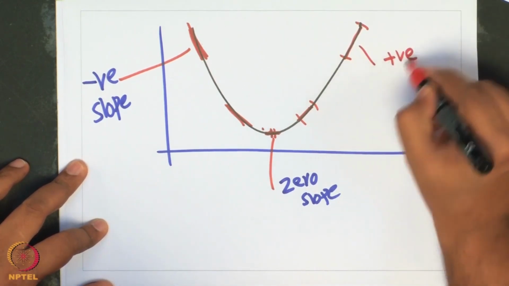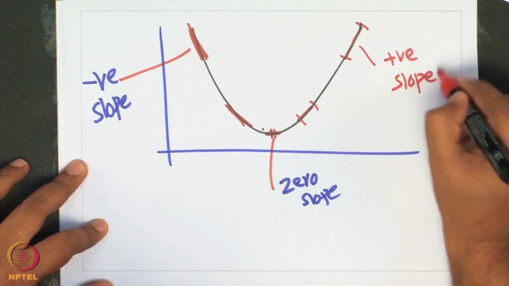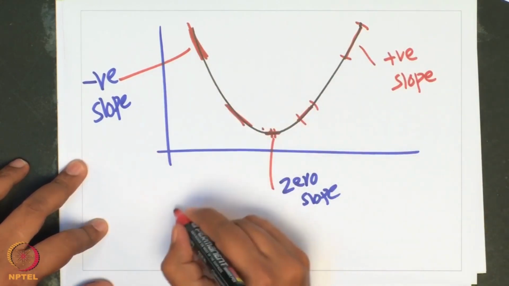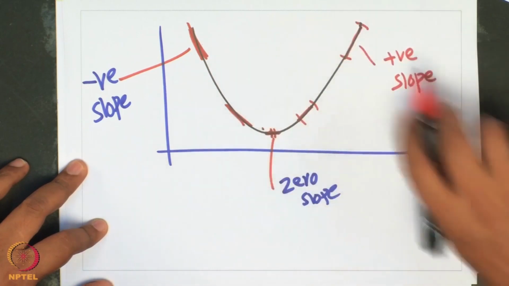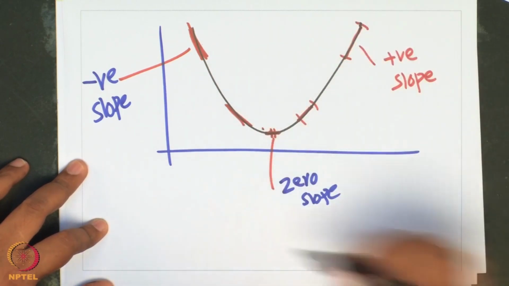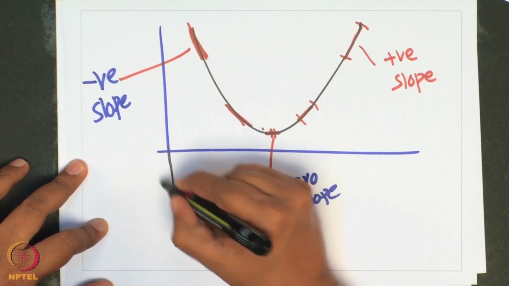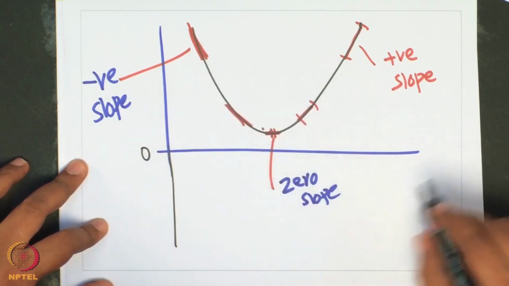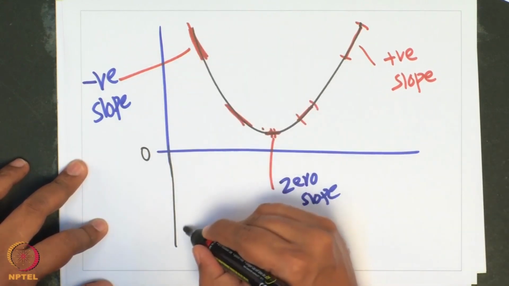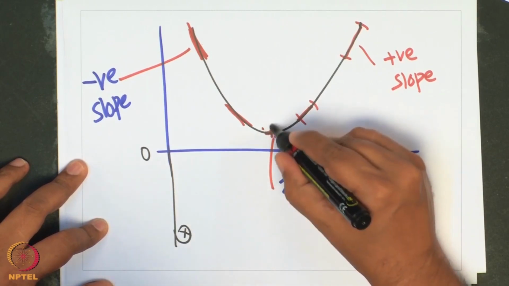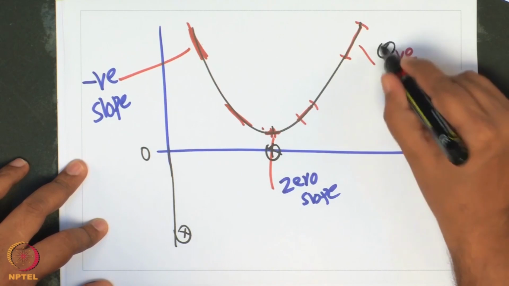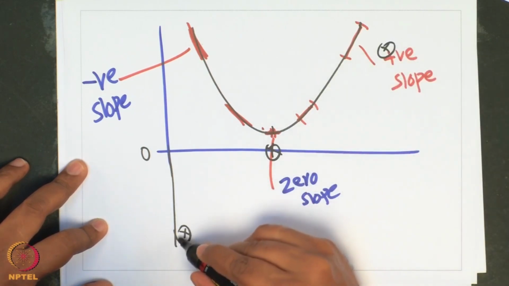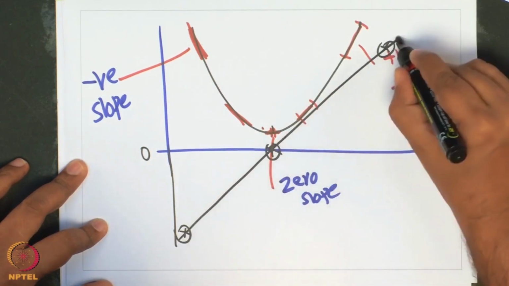So the slope changes as we go along the x, from a negative number to a positive number. If I extend this below and consider this as 0, here the slope was negative, here the slope is 0 and here the slope is positive. So the slope, if I plot, would look something like this.